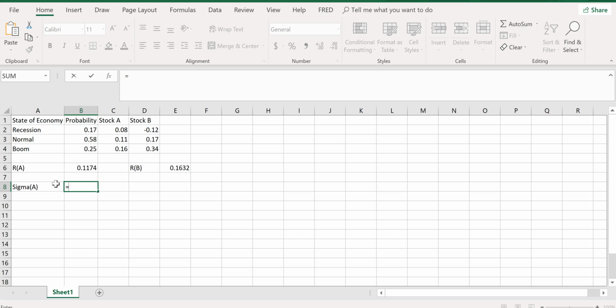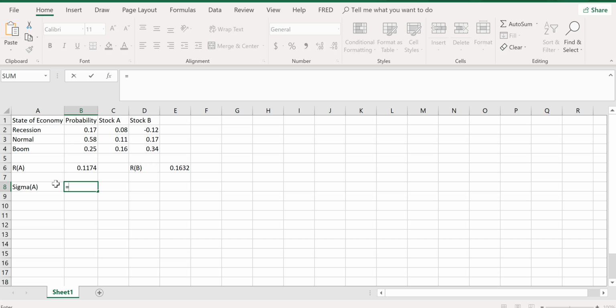So what this means is, first calculate the deviation. That's simply the difference between the return under each economy state and the expected rate of return. And then after we do the deviation calculation, we take the square of that. So that's a squared deviation.